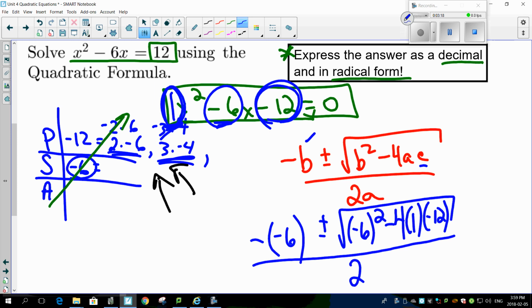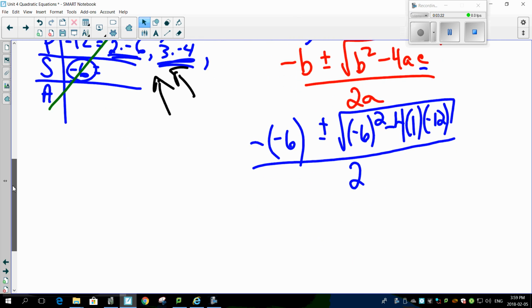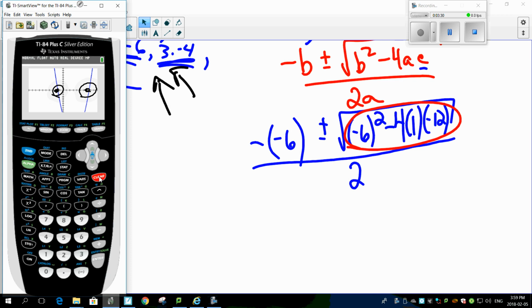Okay, so what I always do when I do a question like this is I figure out what's underneath the radical sign. That's this guy right here. I figure this guy out first. So I bring up my calculator, clear this, and let's start. Bracket, minus 6, bracket, squared. Don't forget the brackets around the negative, because if you don't put brackets around the negative and square it, it'll give you a negative number back.